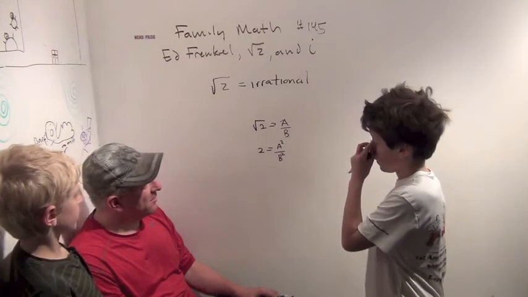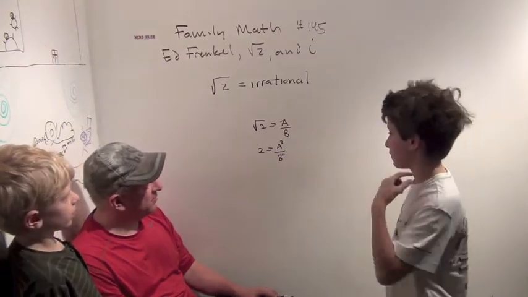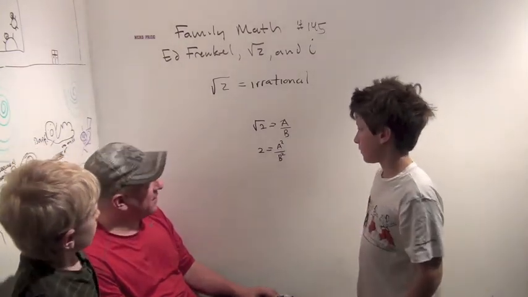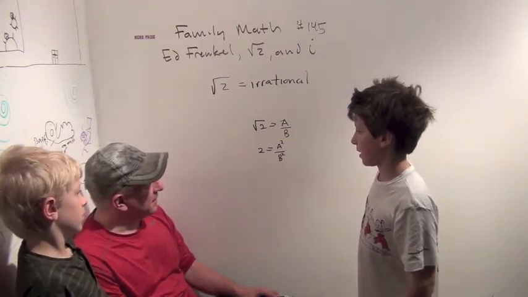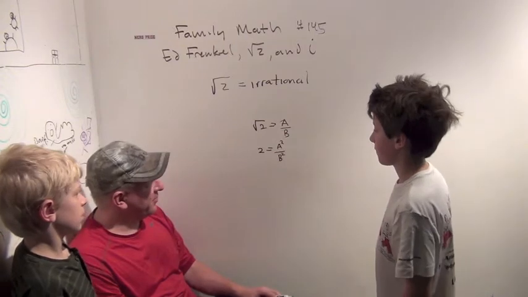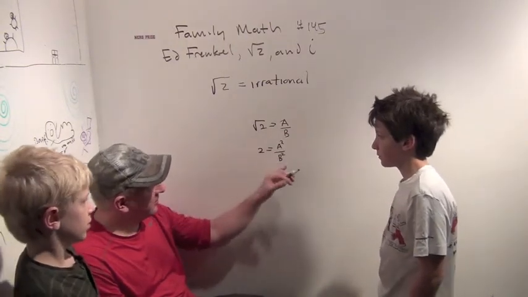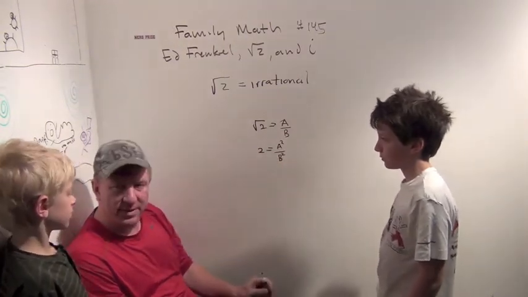What was the next thing in this proof by contradiction? I remember that we showed a and b both had to be even if a squared over b squared was 2, but how did we do that?